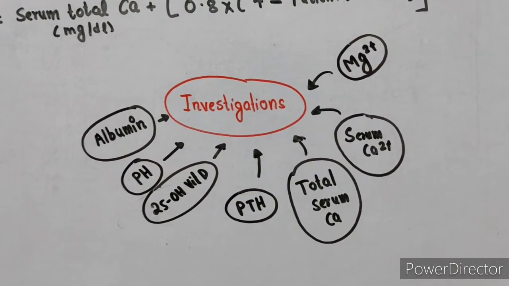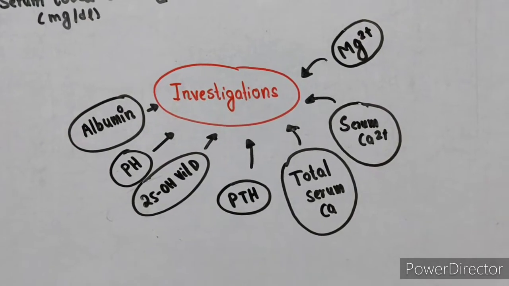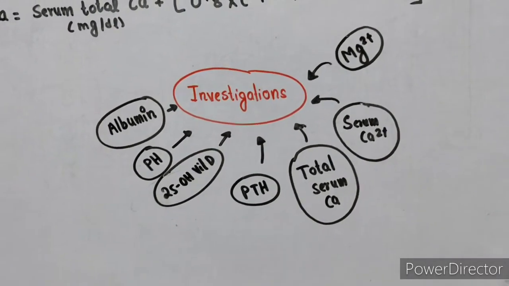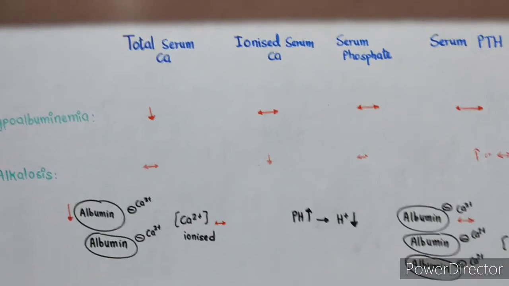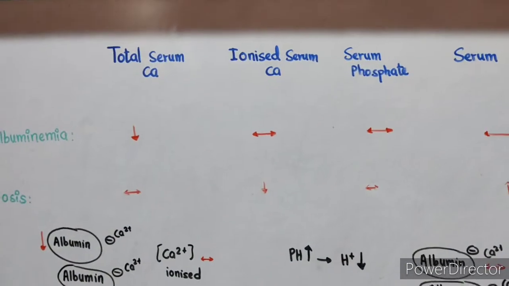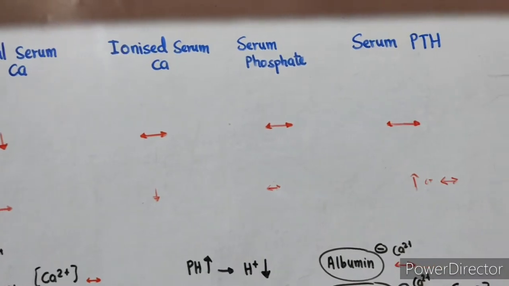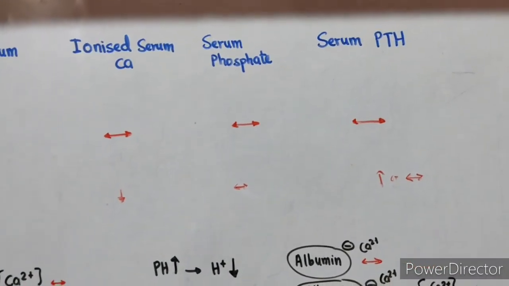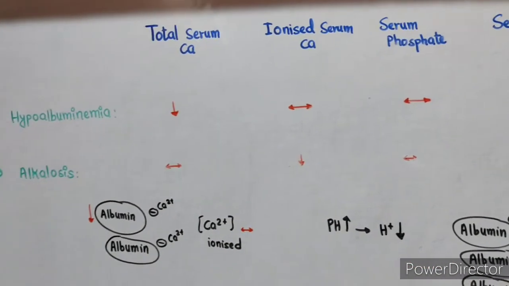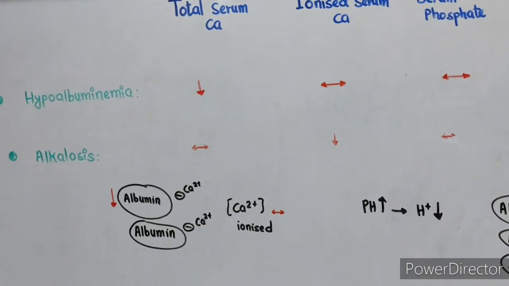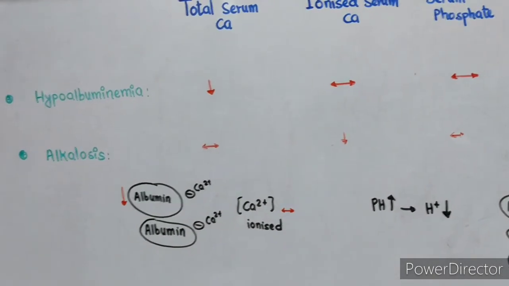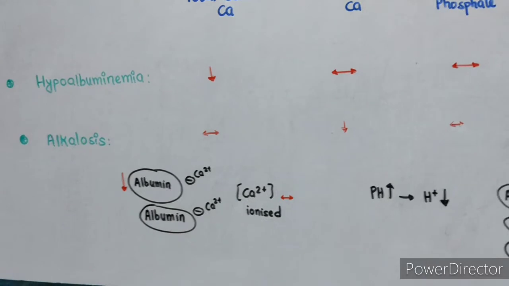How they are deranged, how they are increased or decreased, in which cause, now we will see. How are the parameters total serum calcium, ionized serum calcium, serum phosphate, and serum parathyroid hormone affected in different causes of hypocalcemia? Let's compare hypoalbuminemia and alkalosis.